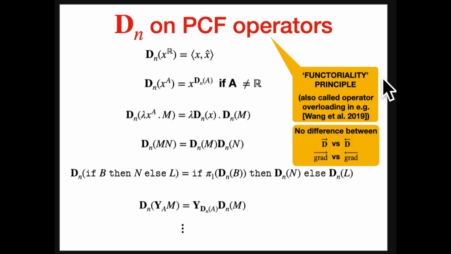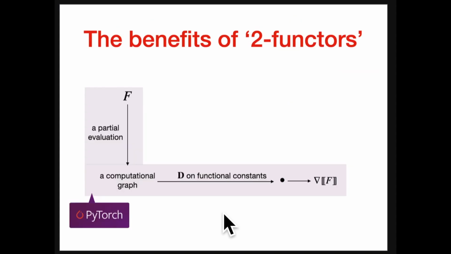Let us remark also that there is no difference in this extension between forward and backward modes. So these modes make a difference just at the level of the first-order functional symbols of the language.